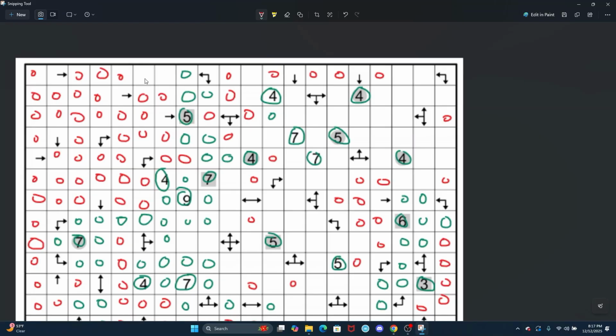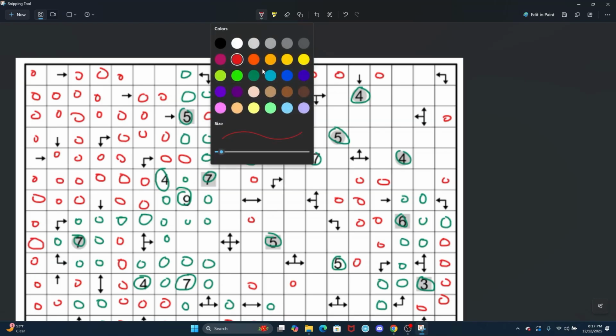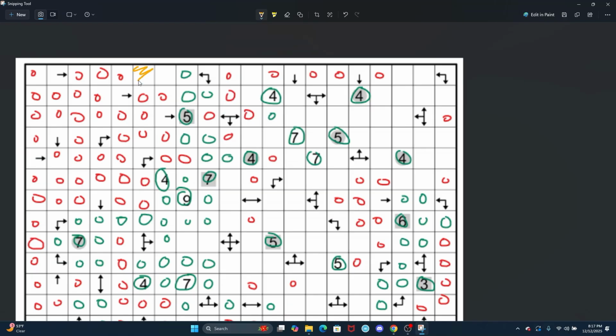I guess we can't really determine any of these cells either, can we? I can't see anything, so we will mark these as orange for now. I don't think we can reasonably determine them via some logical deduction.